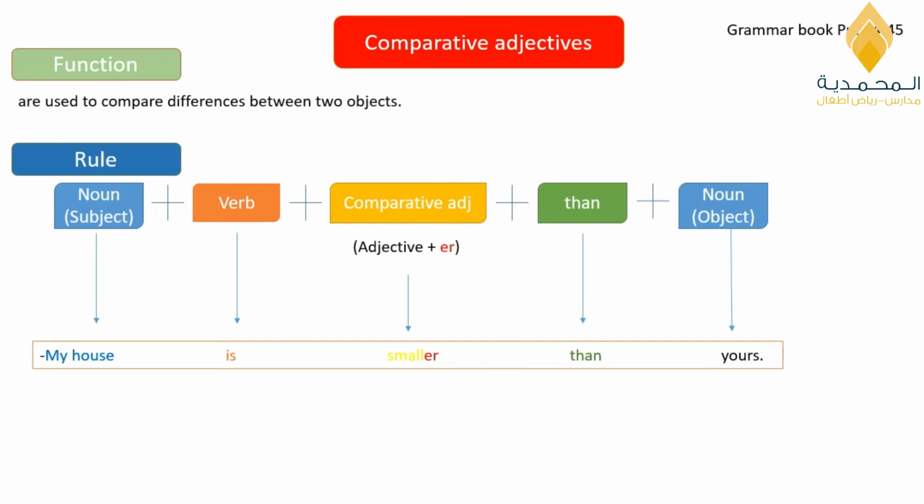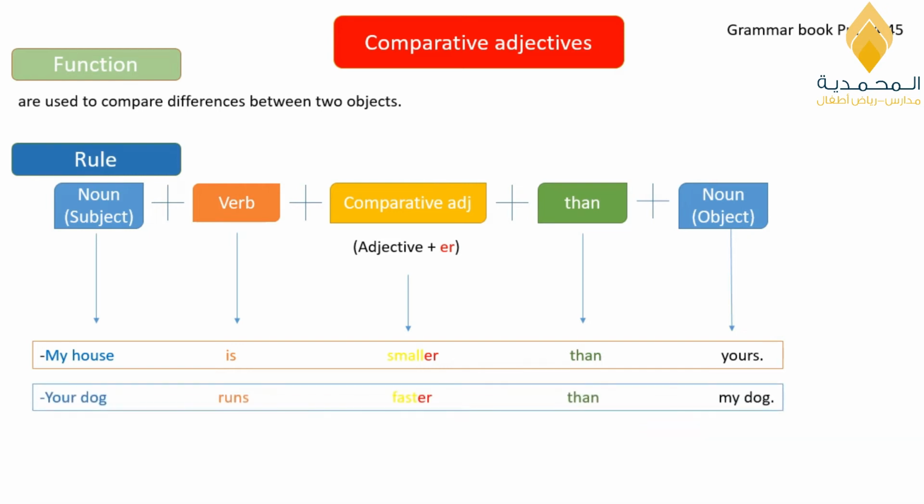So the noun, which is the subject, is my house. The verb is the verb to be, is. The comparative adjective, smaller. Then we add than. Then the noun, which is an object. So it's yours. My house is smaller than yours.